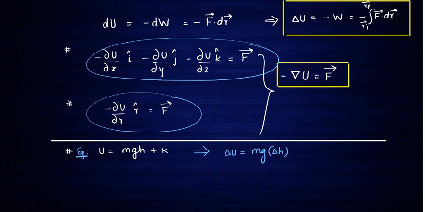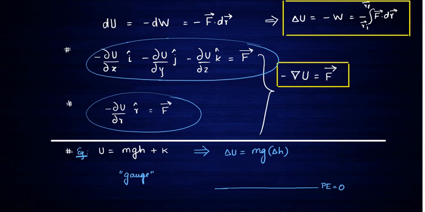This implies that we are free to choose the potential gauge, means we are free to choose arbitrarily the value of potential energy equal to 0. In this particular case, we can choose any height to be the value of potential energy equal to 0.